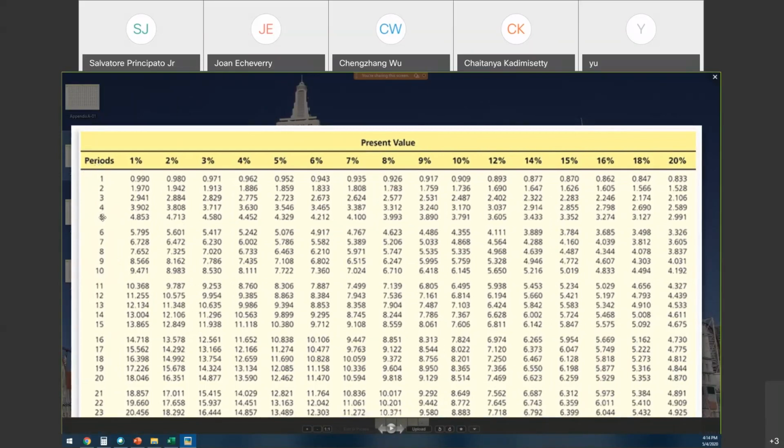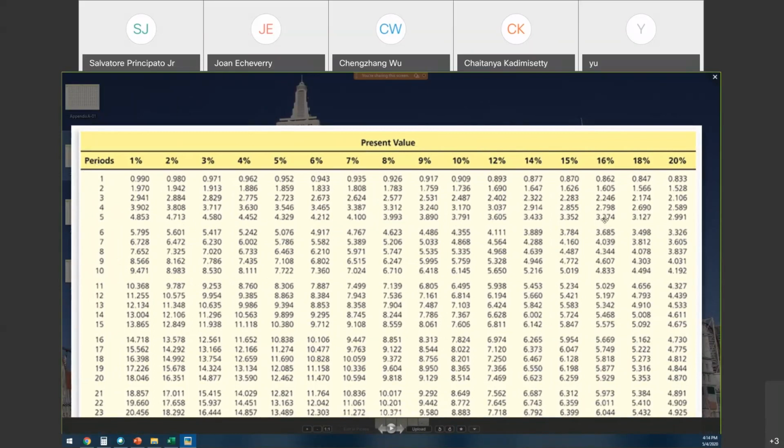So from the 5 years row, we choose the number closest to the annuity present value factor. Our factor is 3.274.